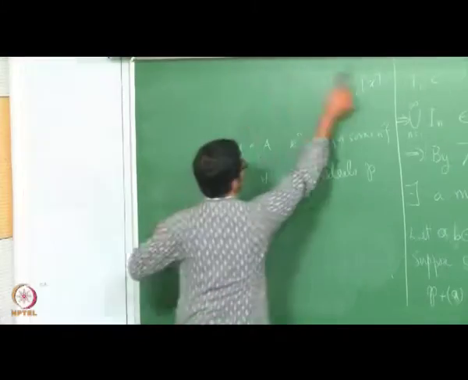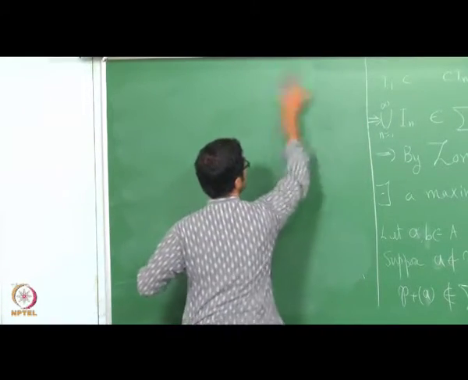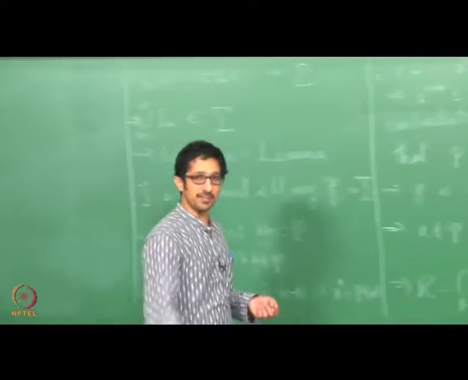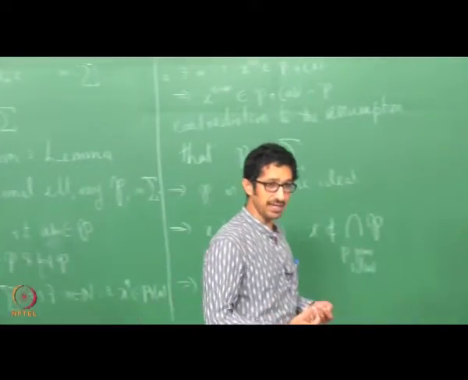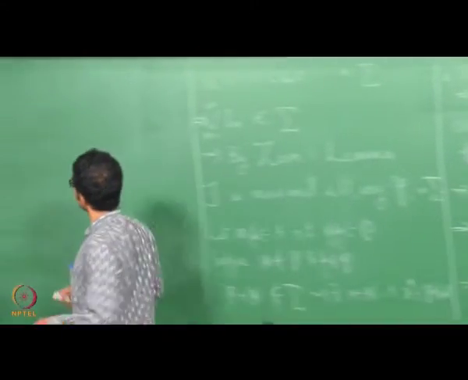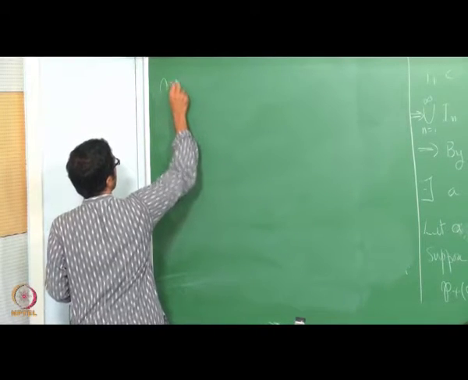So, now what we have seen is the intersection of all prime ideals. Any maximal ideal is a prime ideal. So, can we say something about the intersection of all maximal ideals?